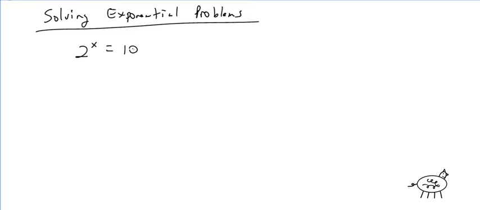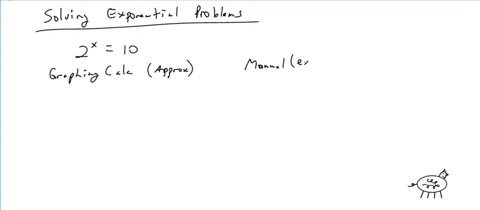All right, you guys already know how to do this, because basically with the graphing calculator, we're going to get an approximate value. And manual, we're going to get an exact answer. Or we can get an exact answer.